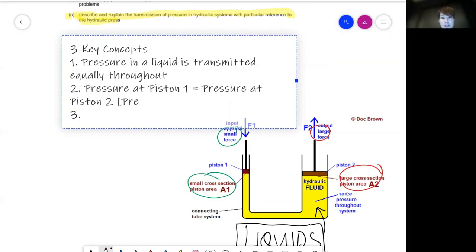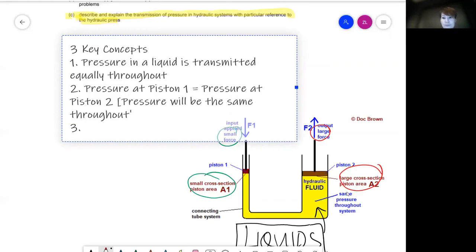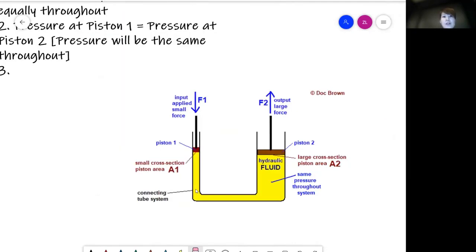So in fact, pressure will be the same throughout. Okay, now let's take a closer look at the same diagram here. In key concept number 2, the pressure at piston 1 will be the same as the pressure at piston 2.